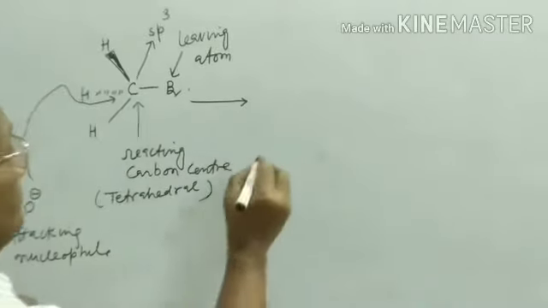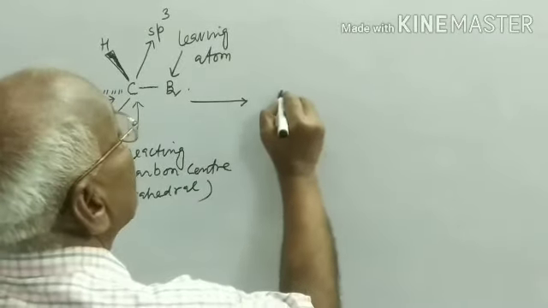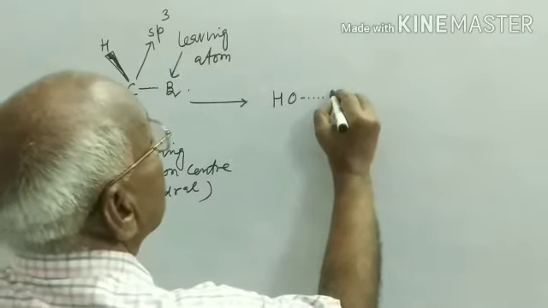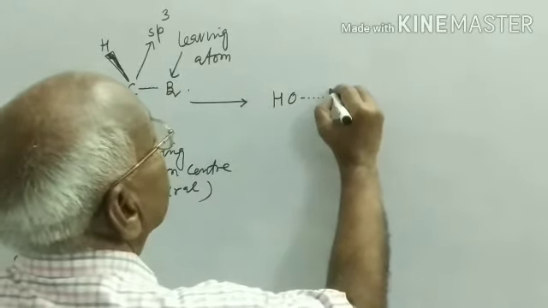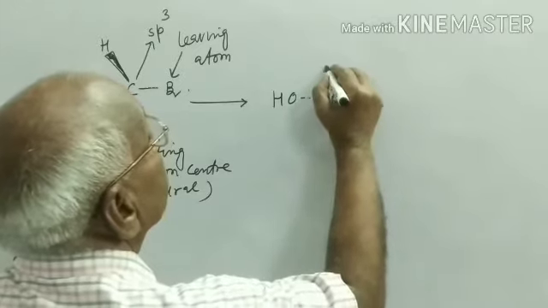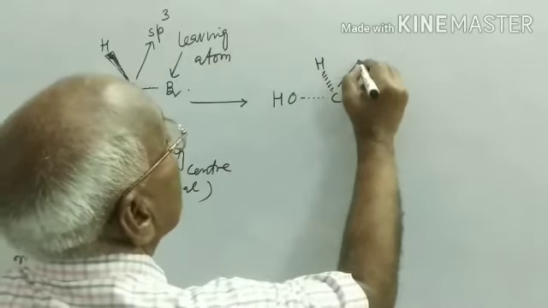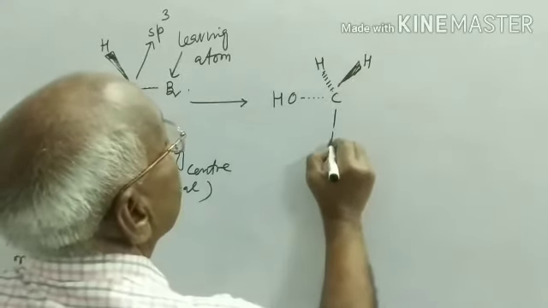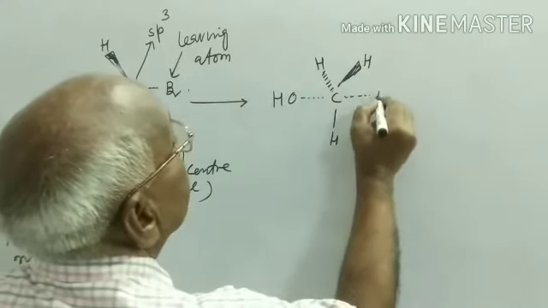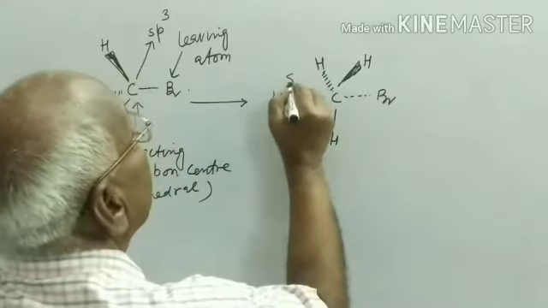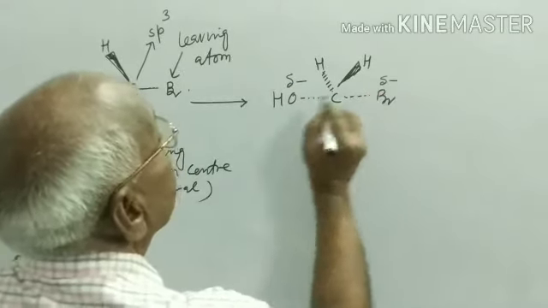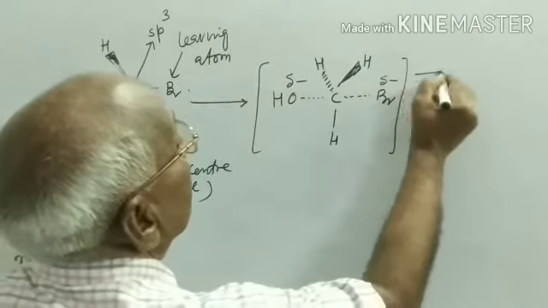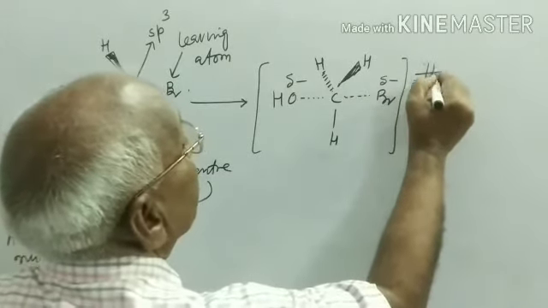So, this attacking nucleophile attacks with the carbon, this is H, this is Br, slightly negative, this is slightly negative. It is also represented in this form too. Transition states are represented by this symbol.